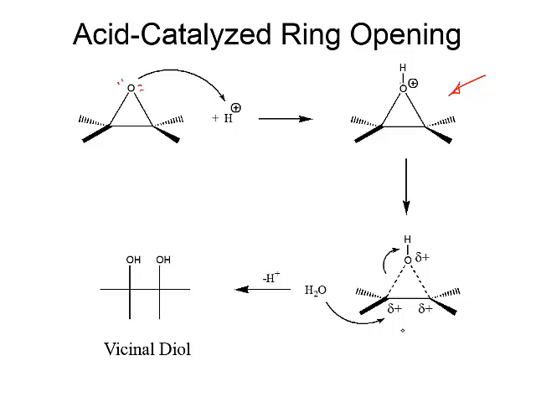This is kind of what it looks like for figuring out the next step of the mechanism. So is that our transition state? No, not really. It's like the bromonium ion. You have the partial bonds with the charges distributed.